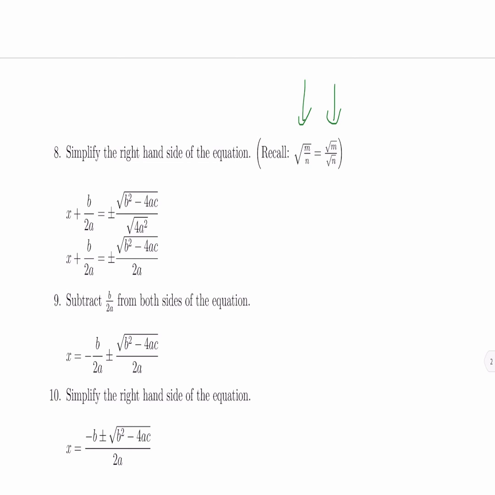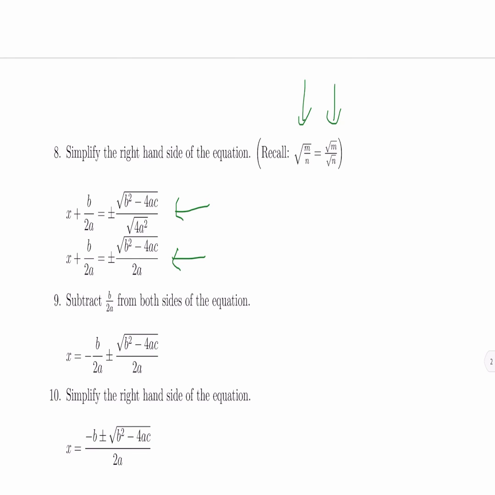That's what I did here in step number 8. I broke the numerator and denominator up into their own square roots, and then I simplified the denominator down to 2a. Now all we have to do to solve for x is to get x on one side of the equation, so I subtracted b over 2a from both sides.